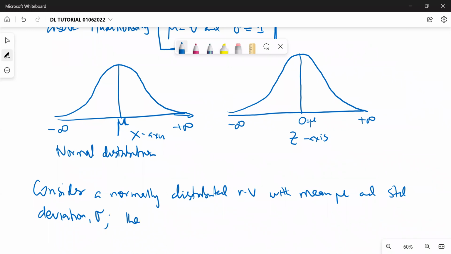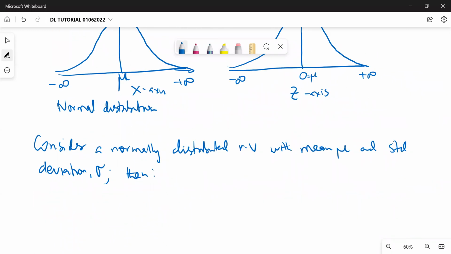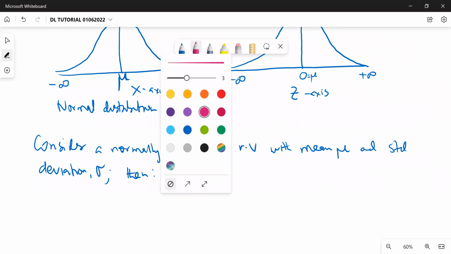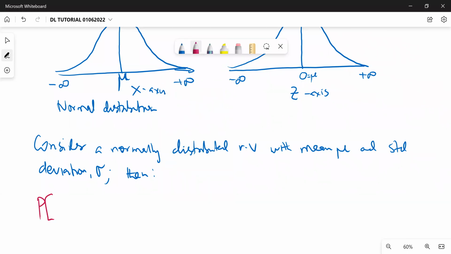Then, I hope you see this. Then the probability that x, which is my random variable, lies within this interval, we said that this is the same as the area under the curve between the ordinates at x equals x1 and x equals x2.